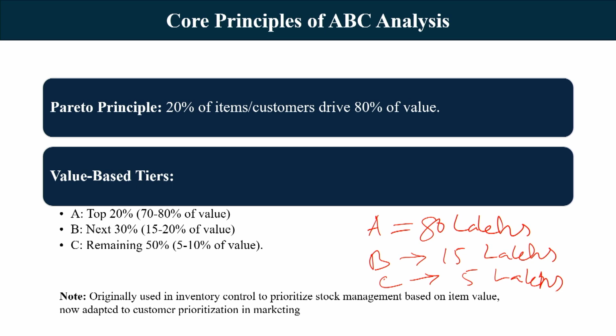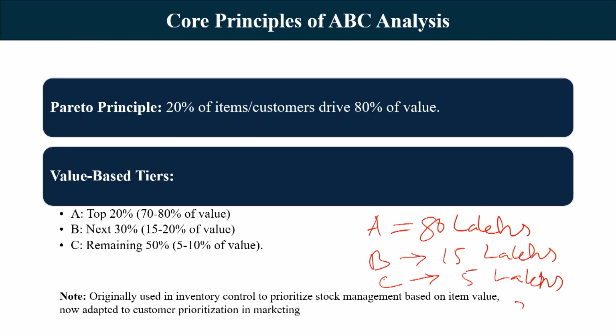Out of this C category we are losing 60% of the customers. So, how many customers will we lose? 50 into 60%, that is 30 customers we are losing. And how much value are we losing? 5 lakhs into 60%, that is 5 into 0.6, that is 3 lakh rupees we are losing, and we are losing 30 customers, right.